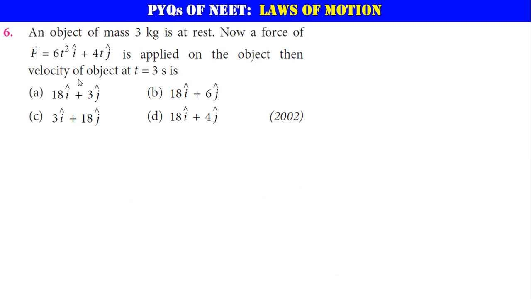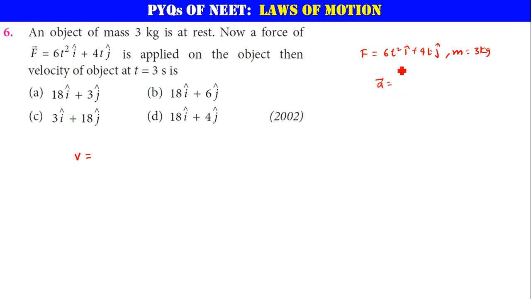Next, an object of mass 3 kg is at rest. Now a force of this much is applied on the object, then the velocity at t is equal to 3 seconds is. He is asking about velocity. Let us take the given information. F is equal to 6t square i cap plus 4t j cap. Since you have the mass, 3 kg, you can find acceleration.